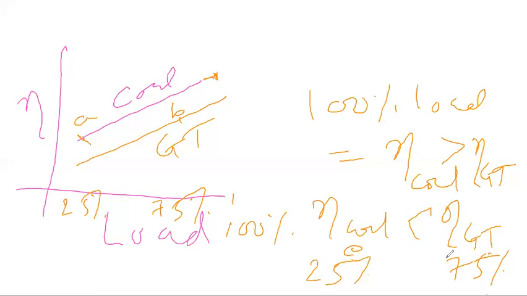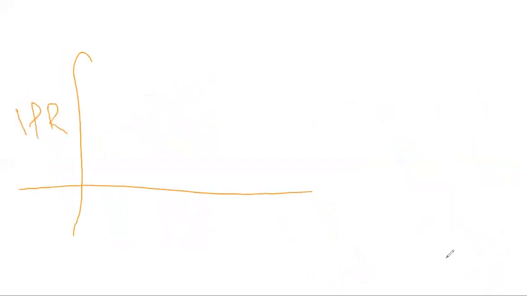For example, if I want to plot the heat rate curve, heat rate versus percentage loading, you find that you get a graph something like this. I'll just put a figure in front of you.